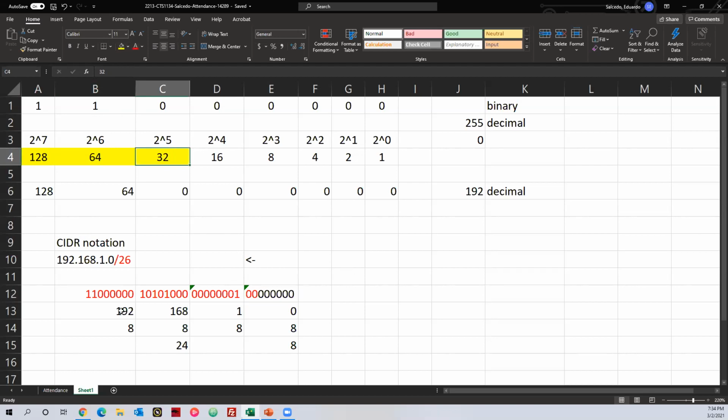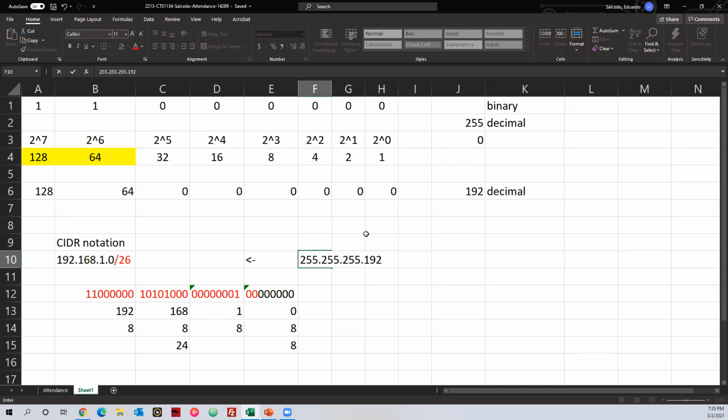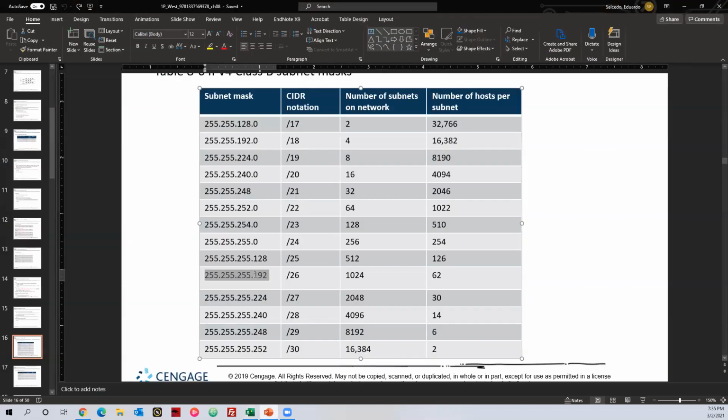Your subnet mask for this particular network would be 255, 255, 255, and then what? Yes, it's given here.